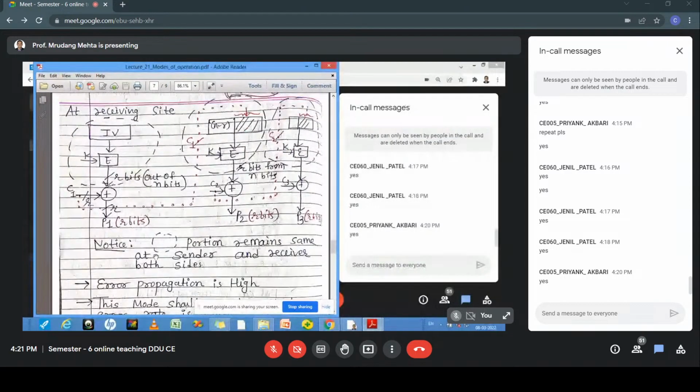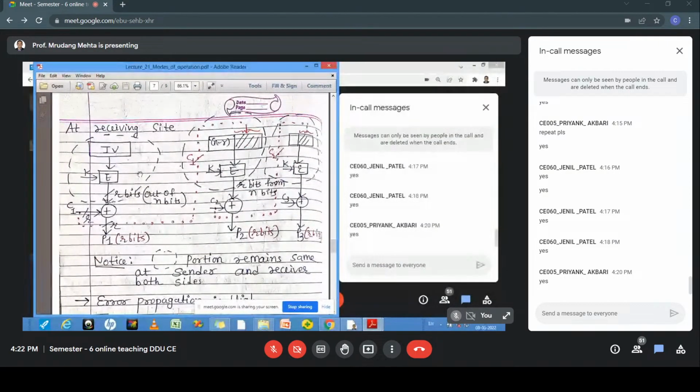See what happens. At the receiving side, we have the initial vector, key, encryption. Up to this block, it is the same. Then instead of P1, we have C1 and XOR it with this. So it gives P1.